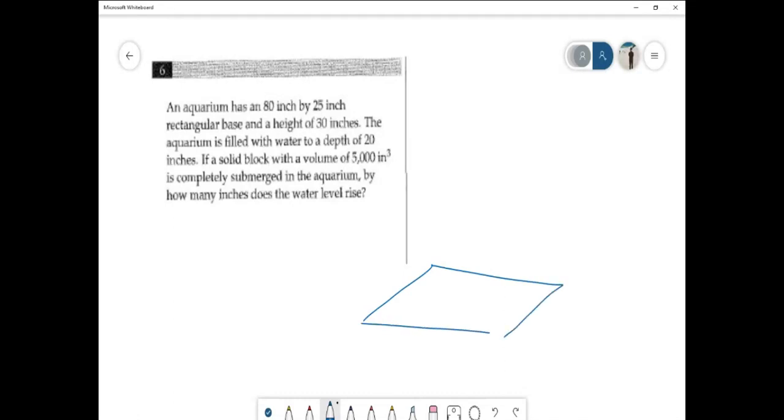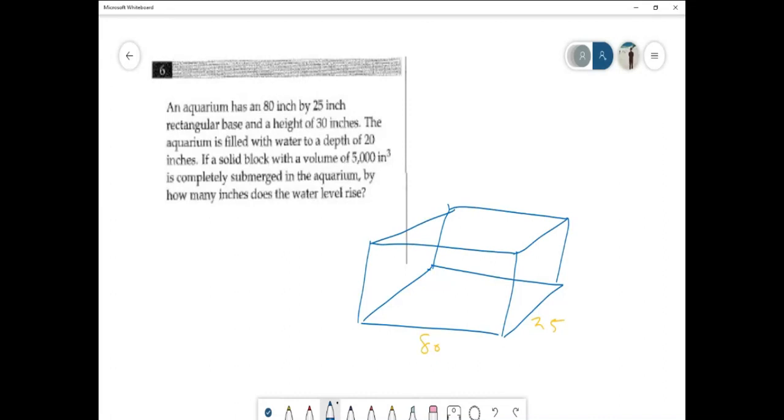So an aquarium has an 80-inch by 25-inch rectangular base. So this is the base. This is 80, and this is 25.